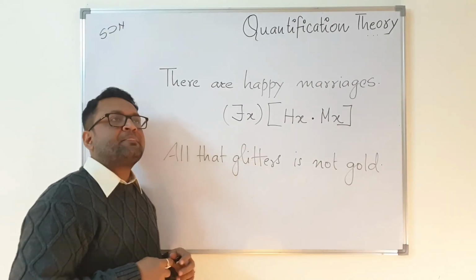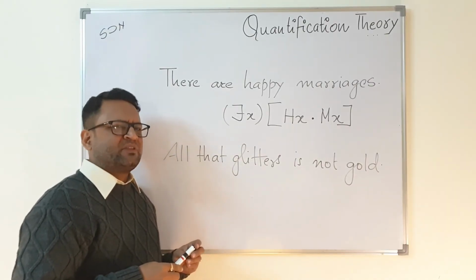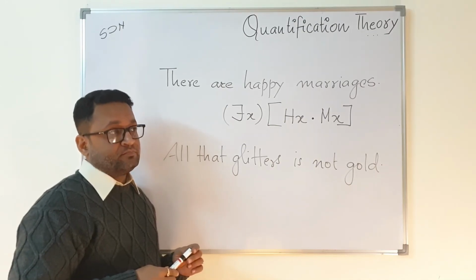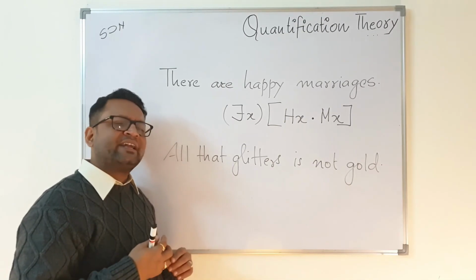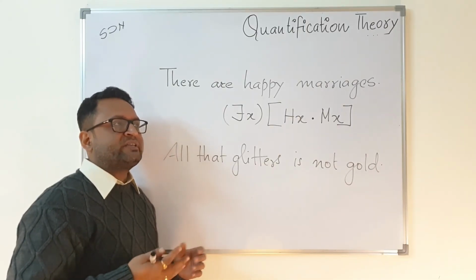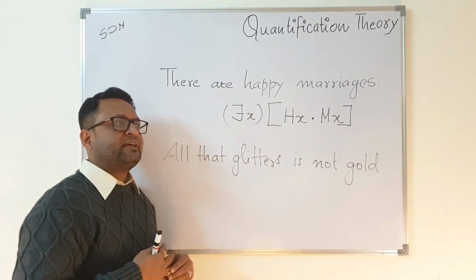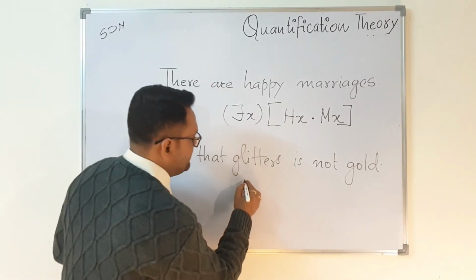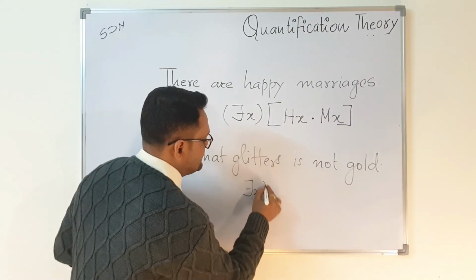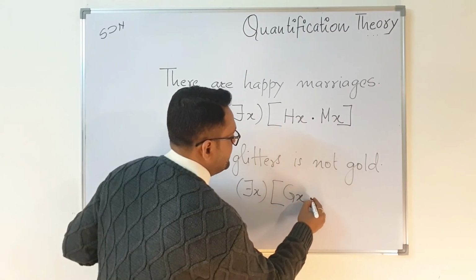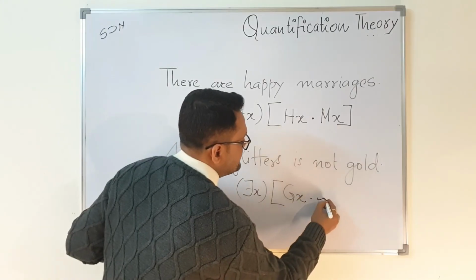It says that there is something which glitters, but then it is not gold. Whenever we say that all that glitters is not gold, we mean to say that there is something which glitters, but it is not gold. So the symbolization will be there exists X such that X glitters and X is not gold.